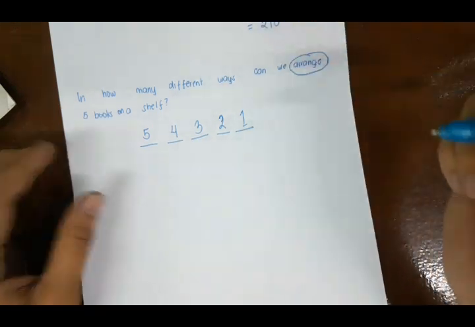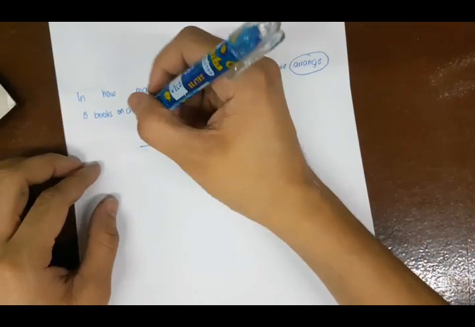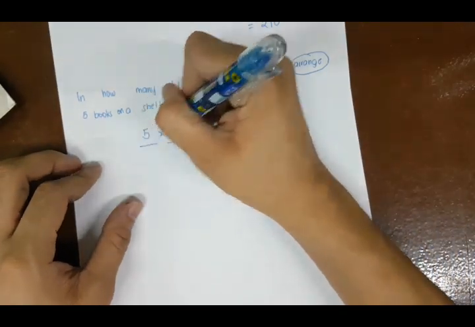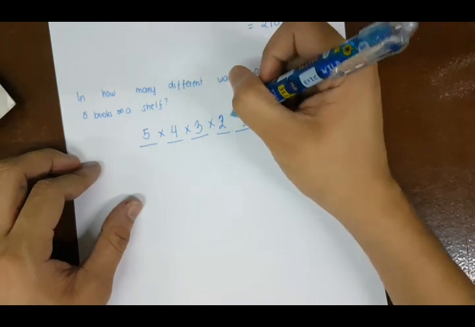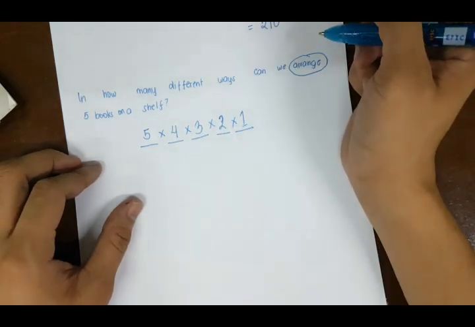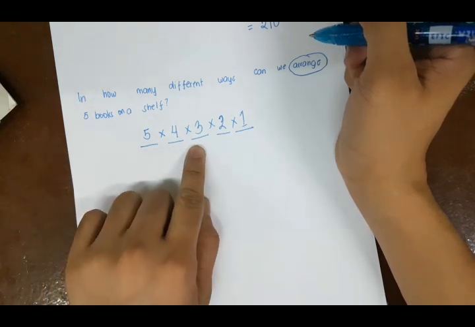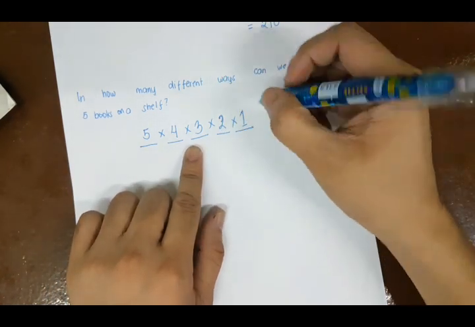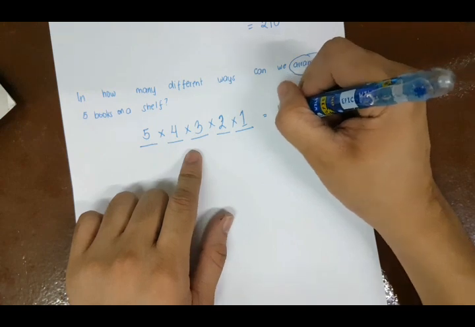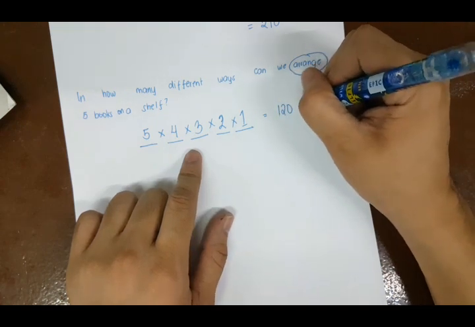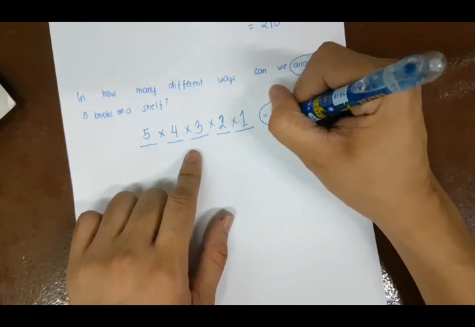Using the multiplication rule, we can get the number of arrangements: 5 times 4 times 3 times 2 times 1. So 5 times 4 is 20, times 3 is 60, times 2 is 120. So there are 120 ways we can arrange this.